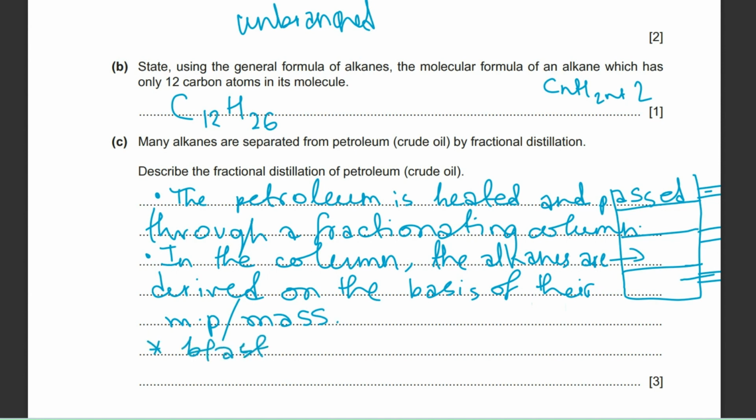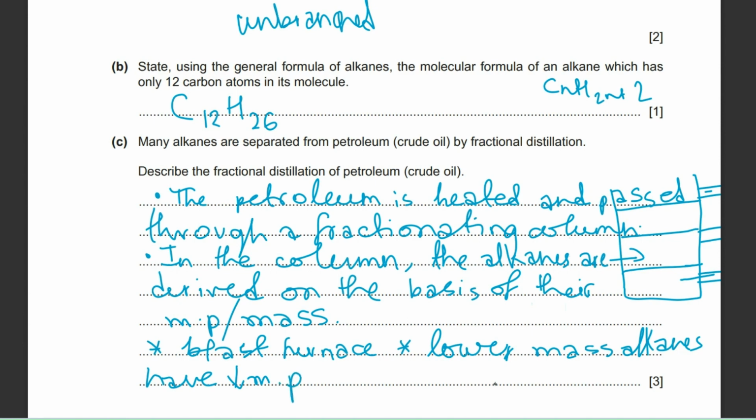And the extra points you can add is the petroleum is heated in a blast furnace, and lower mass alkanes have lower boiling points, so they are collected from the top of the fractionating column.